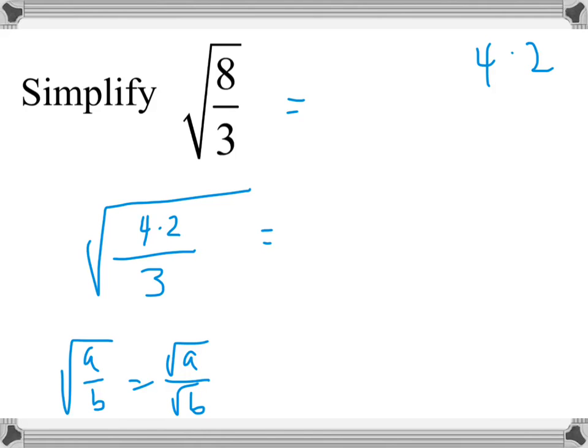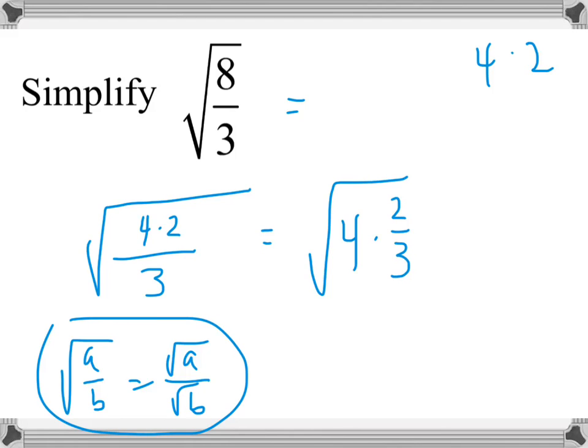But I'm actually not going to use this rule right now. There are many different ways to simplify this, but right now, instead of 4 being in the numerator, I'm going to bring that 4 down as a number being multiplied by the fraction 2/3.